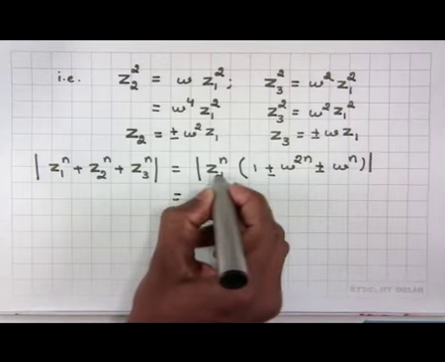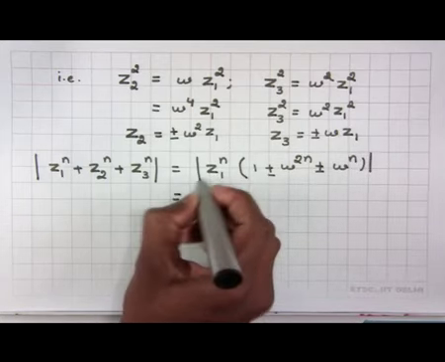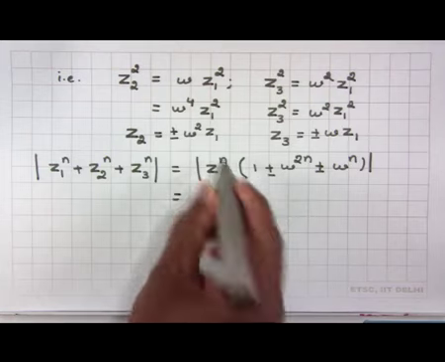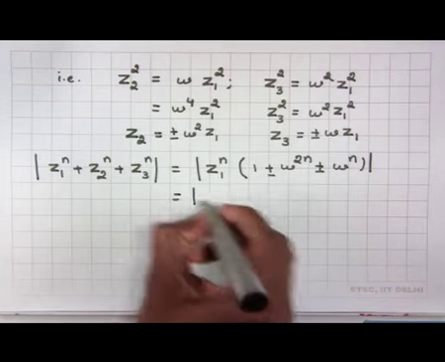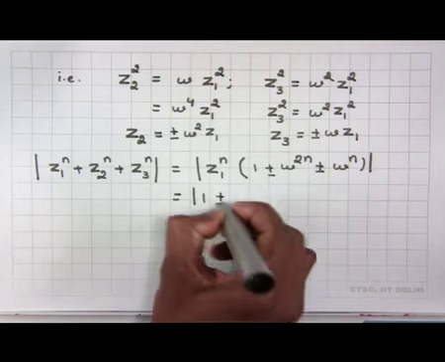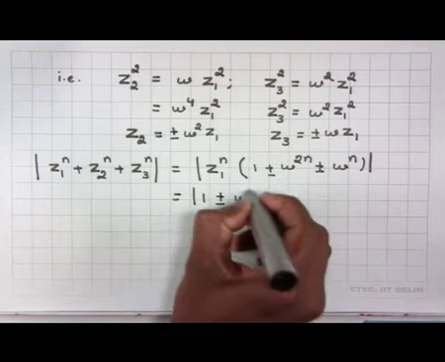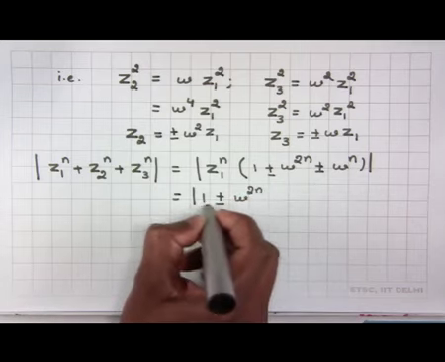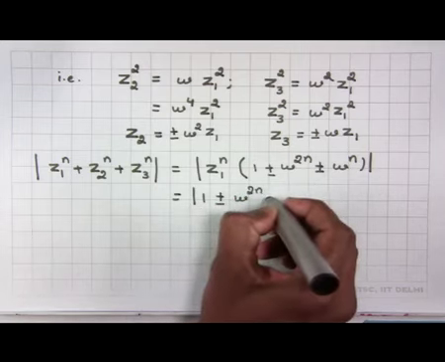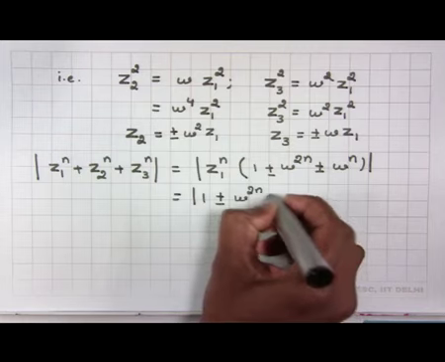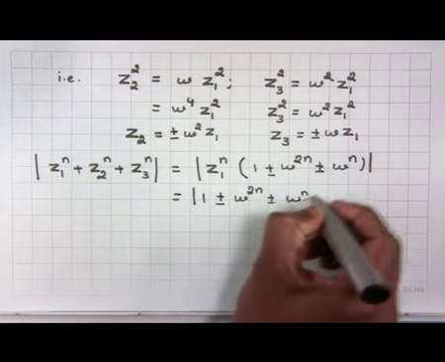Since the modulus of Z1 is 1, the modulus of Z1 power n is 1. So, we end up just calculating the magnitude of the complex number 1 plus or minus omega power 2 power n plus or minus omega power n.